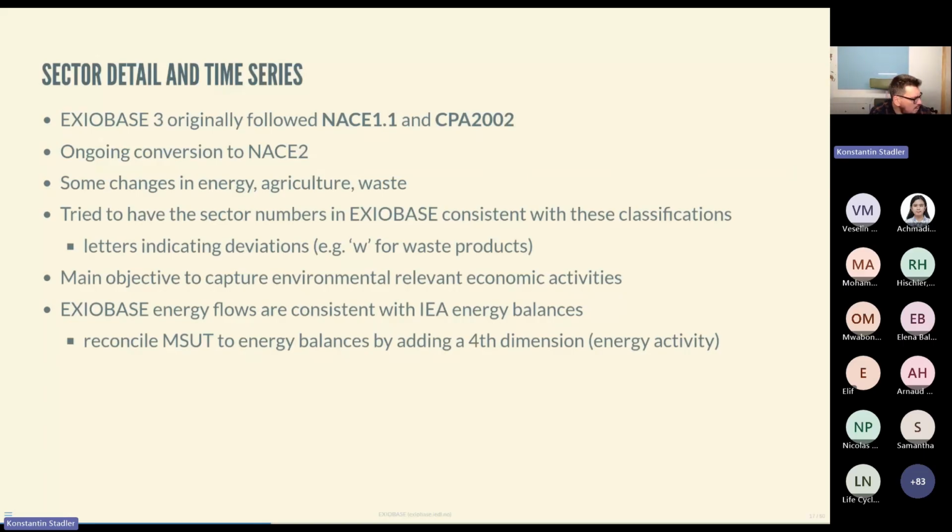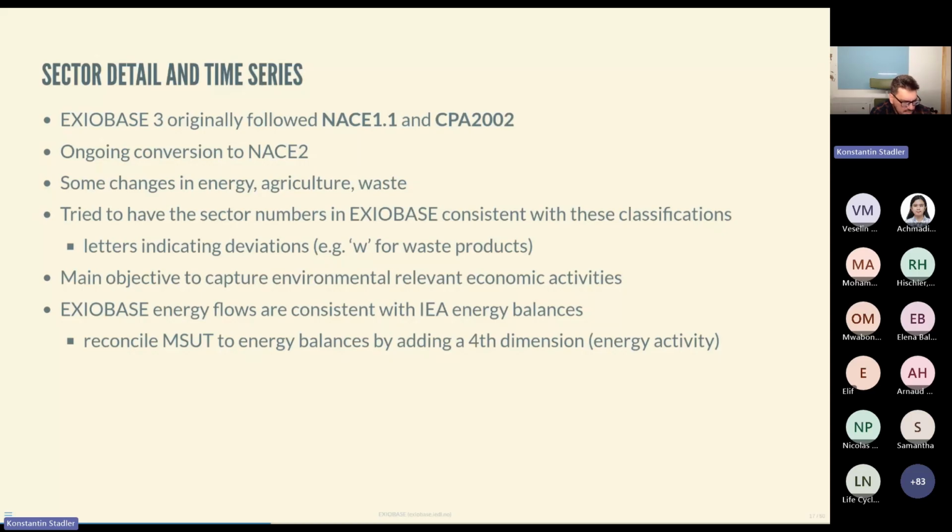In terms of sector detail, we follow NACE 1.1 and CPA 2002. Since Exiobase started with this classification, we currently have a project ongoing to convert this to the NACE 2 classification. Through the data harmonization, we have to do some adjustments in energy, agriculture, and waste accounts.